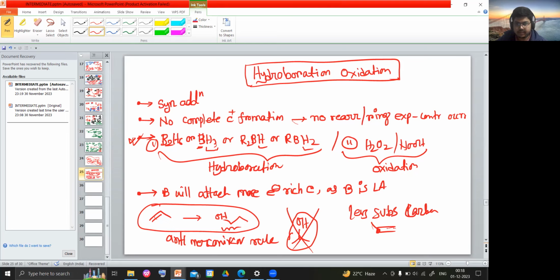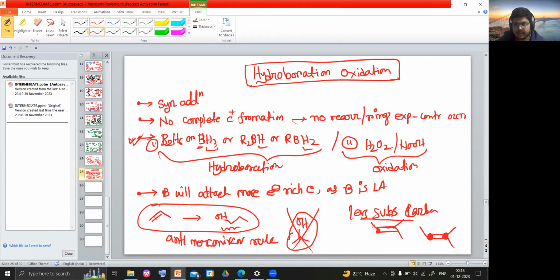Less substituted carbon means, suppose we have a propene molecule, or this particular molecule. Here, this is one alkene carbon, this is another alkene carbon.